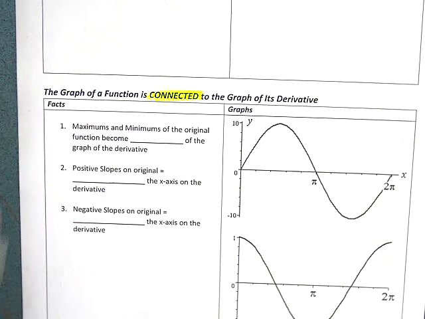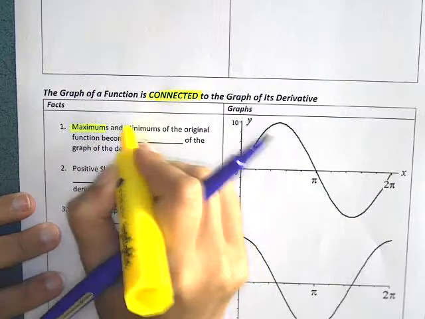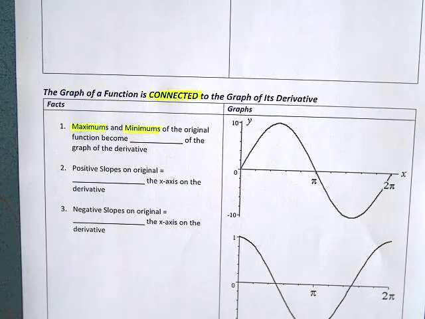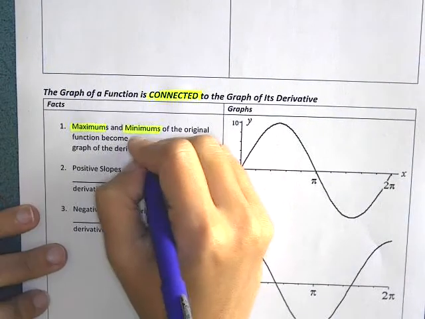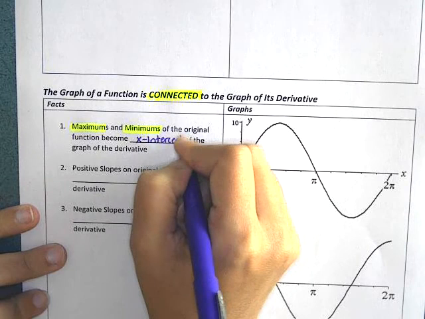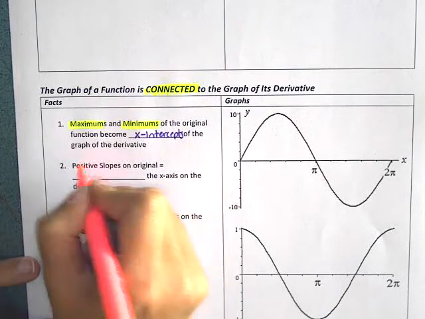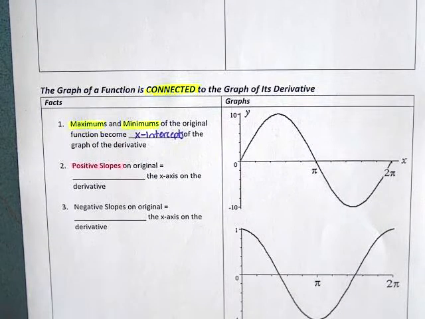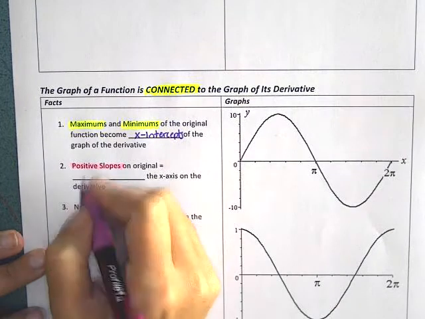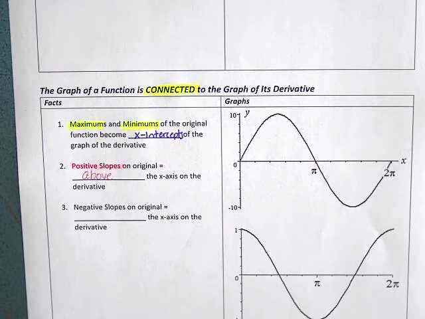The maximums and the minimums of the original function become the x-intercepts of the derivative. The positive slopes of the original become the areas of the derivative, or the y values of the derivative, that are above the x-axis.